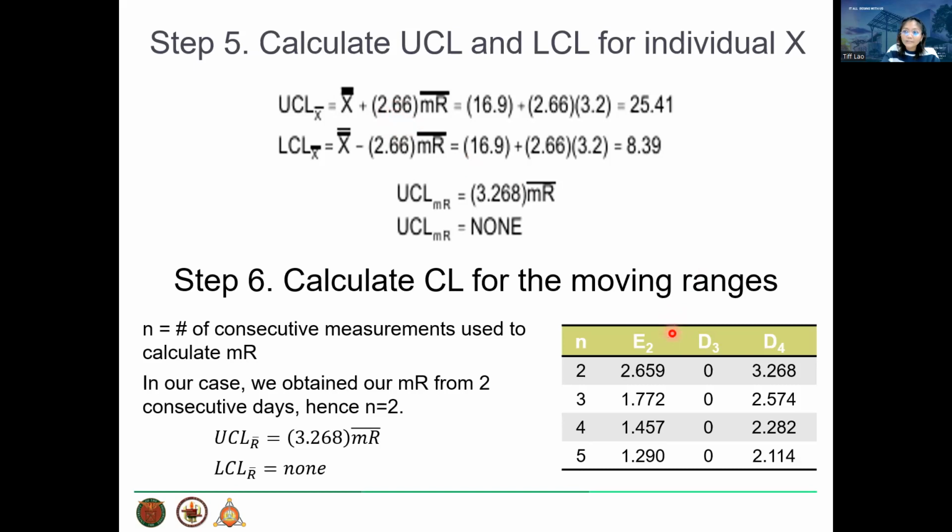Since yung lowest sa table of constants ay sa 2, disregard nyo na lang yung 2. Yung kukunin automatic ay yung lowest. So, kukunin mo yung 2.66, kaya siya 2.66 sa E2. Klaro? Again, for XMR, the constants that you'll be getting ay yung lowest, n equals 2, yung value doon. Klaro?